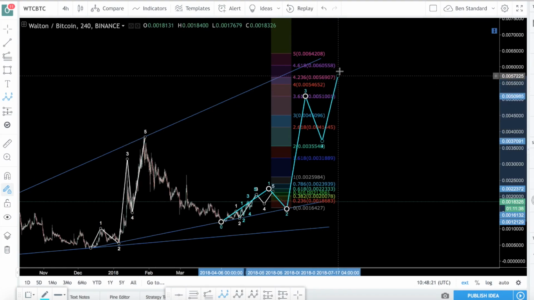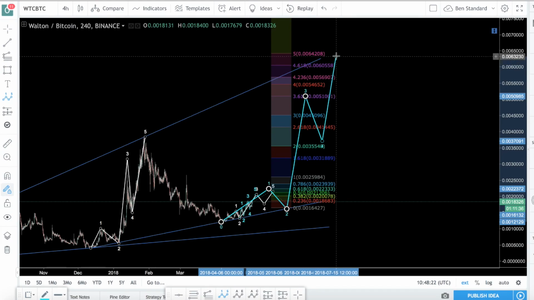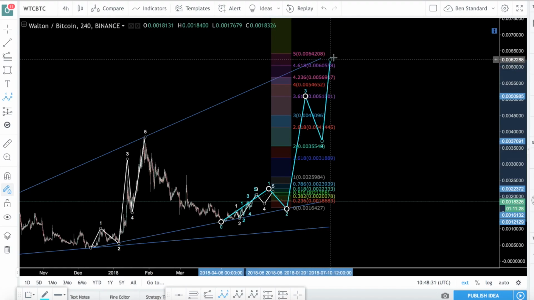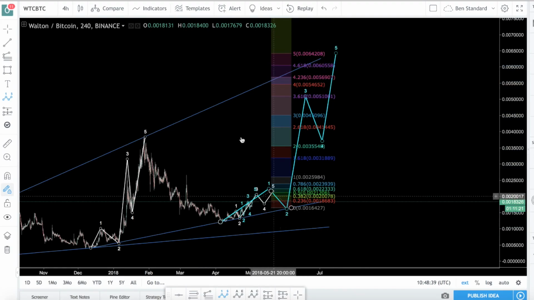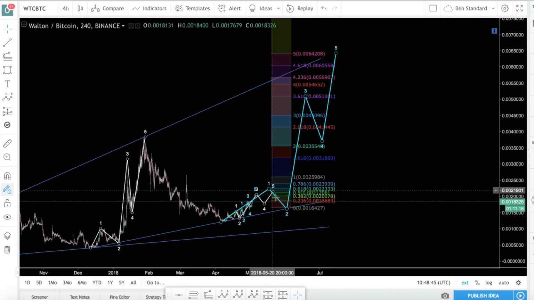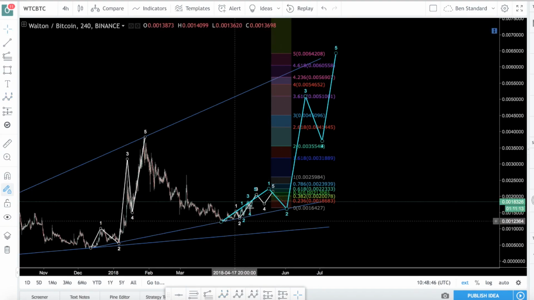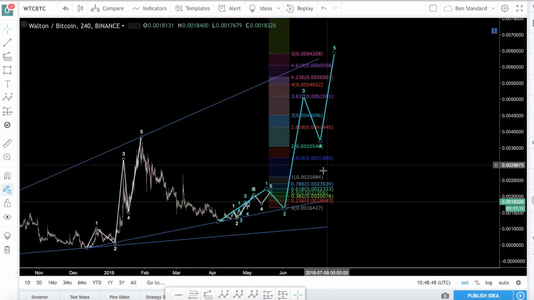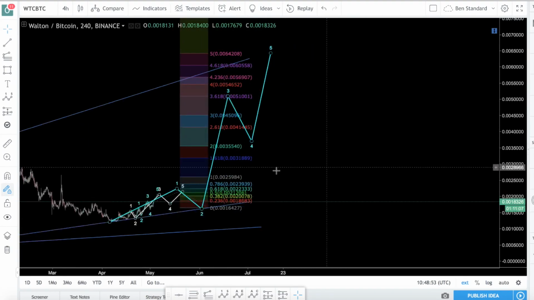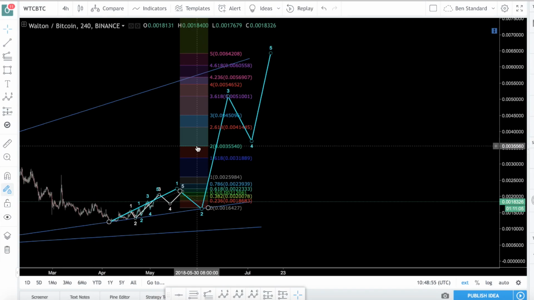And then the fifth wave will probably go as high as this trend line, which is around the 4.618 area. So we can recount this as soon as we get more data. Like when we reach the first wave and then make a correction, then we can redraw this to make it fit better. But right now, these are the targets that I've set.